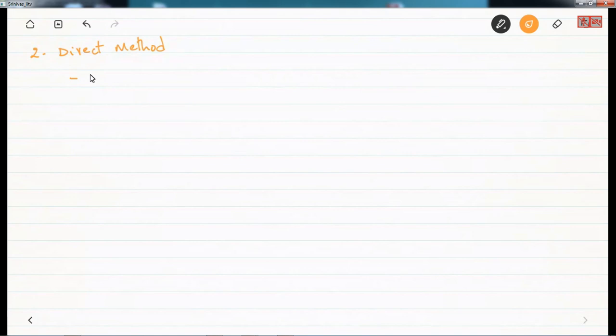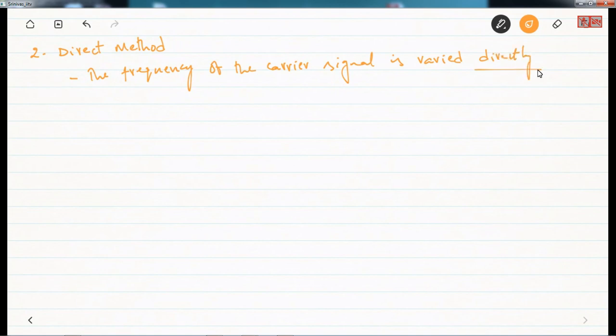In the direct method, the frequency of the carrier signal is varied directly in accordance with the baseband signal m of t.